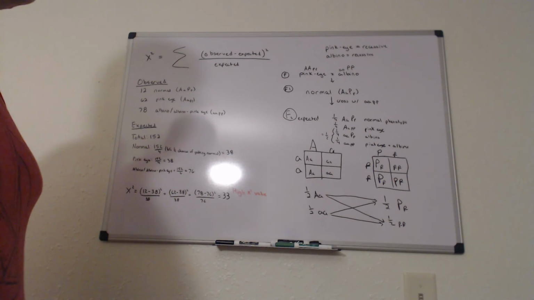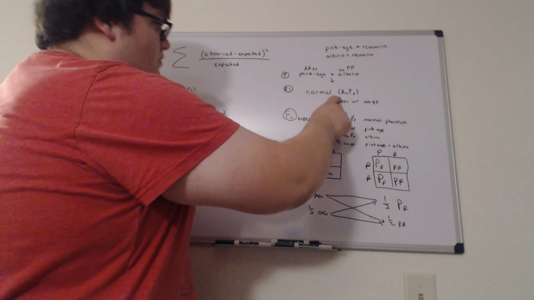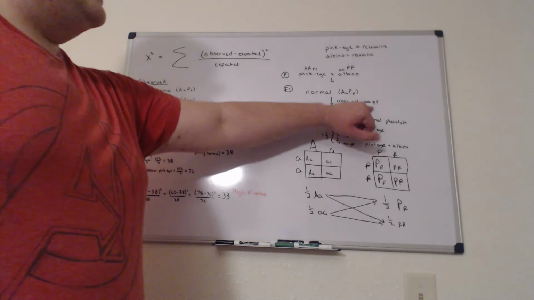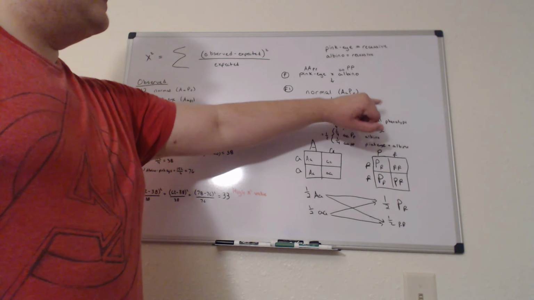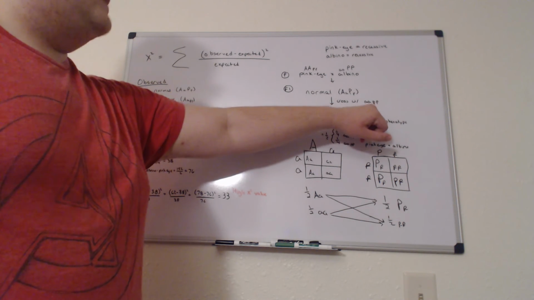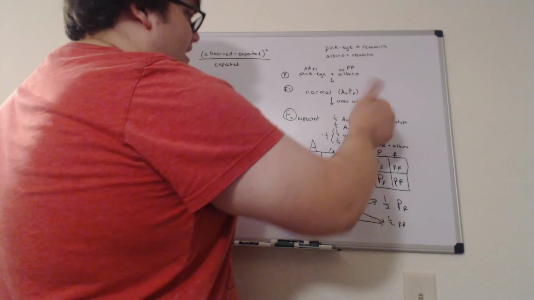Now, the problem says that the scientist is going to cross the normal F1 generation with a completely recessive little a, little p mouse or mice. So all these mice are going to be both pink eye and albino.